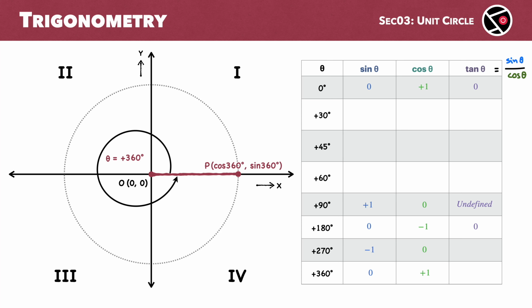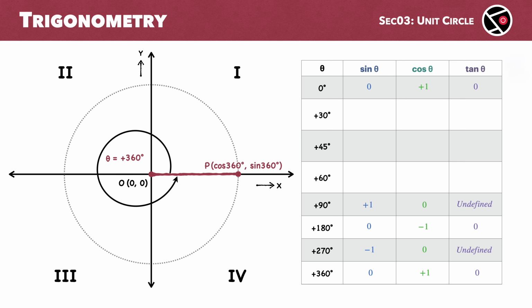Again, division by 0 is undefined. So tan of plus 270 degrees is undefined. Finally, for tan of plus 360 degrees, it's sine of 360 degrees divided by cos of 360 degrees, which is 0 divided by 1 equals 0. And we are done.